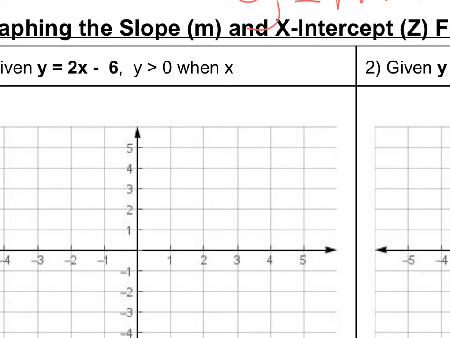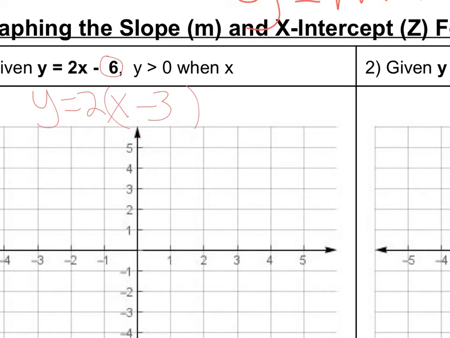If I factor out the 2, that means I'm dividing everything by 2 on the right side. So y equals 2, and then 2x divided by 2 is x, and negative 6 divided by 2 is negative 3.